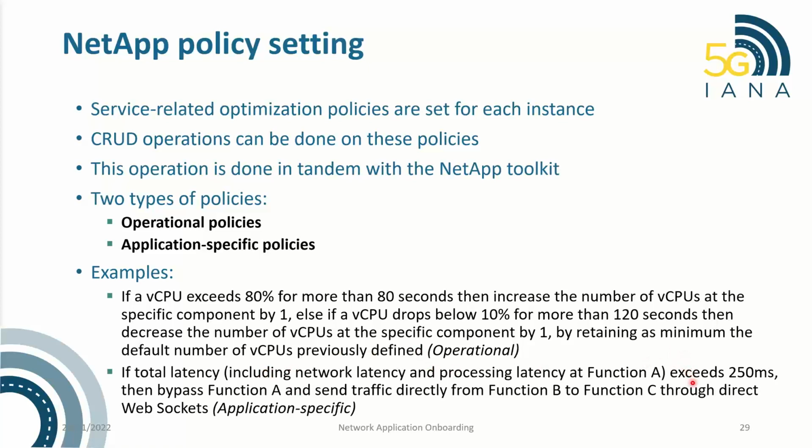So if this certain parameter exceeds, for example, 250 milliseconds, then do some change, like bypass function A, send the traffic directly from function B to function C. Just bypass even some components, some functions internally, in order to speed up the process, or kill some applications, etc. Or it can simply be monitoring and a notification that is sent to the end user.